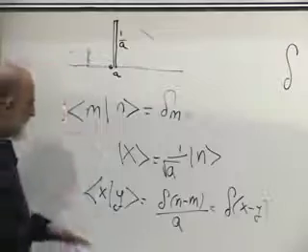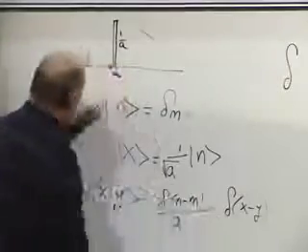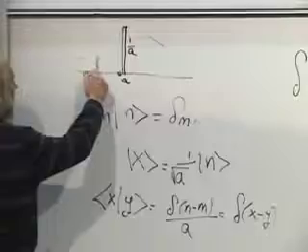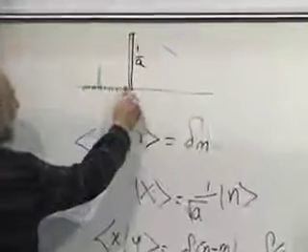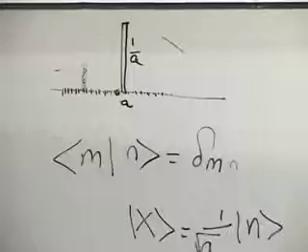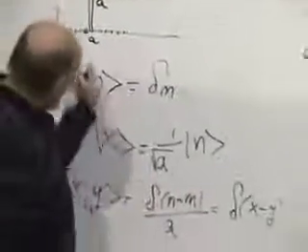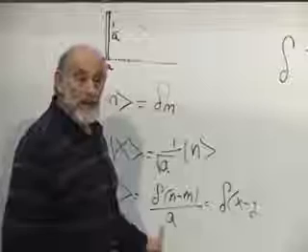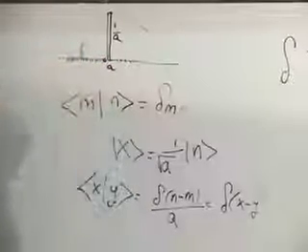The Dirac delta differs from the Kronecker delta if we approximate the continuous situation by a very, very dense collection of points. Then the Kronecker delta and the Dirac delta simply differ by a factor of 1 over the spacing. Right?